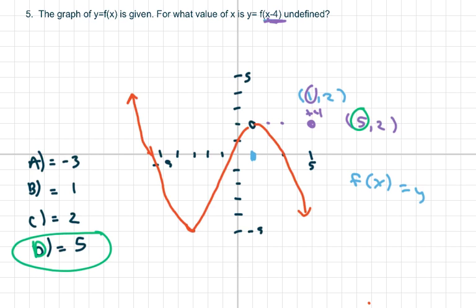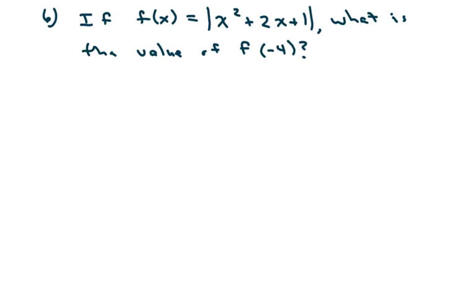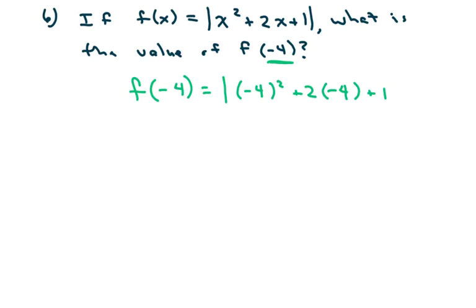Alright. And this one you just input the absolute value. It's kind of like the first one we did, so everywhere just plug in negative 4. So we get negative 4 squared plus 2 times negative 4 plus 1.